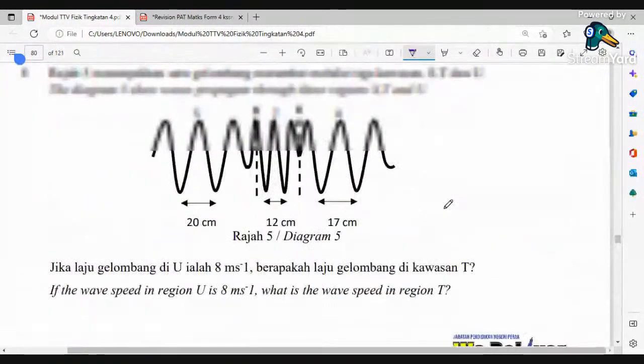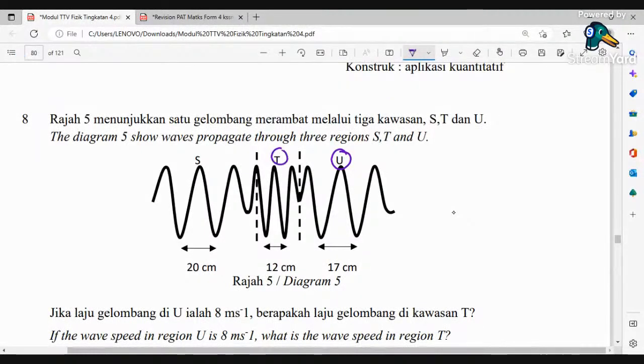Okay, just look at U and T. Remember, the distance between 2 adjacent troughs is equal to lambda. So for U, we can put lambda 1, for T, we can put lambda 2. Given the speed in U is v1.